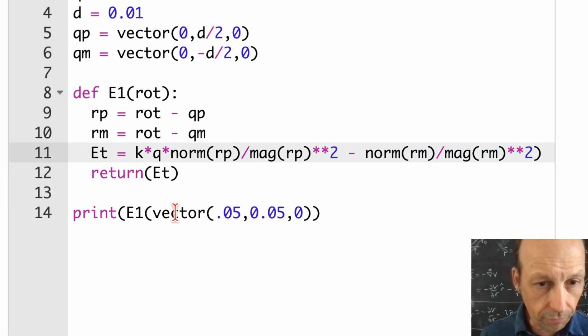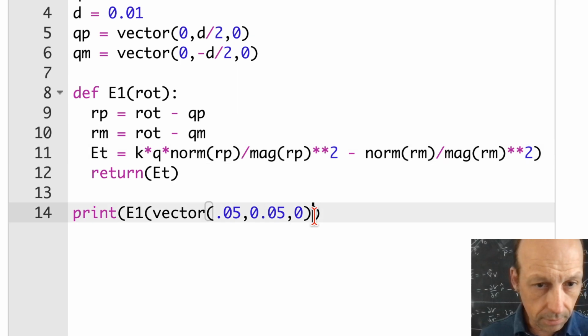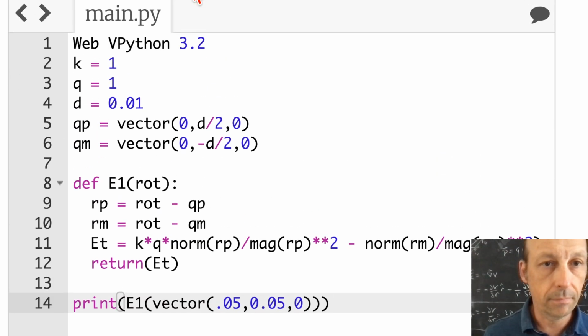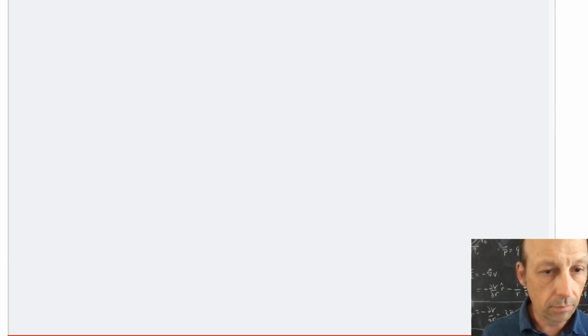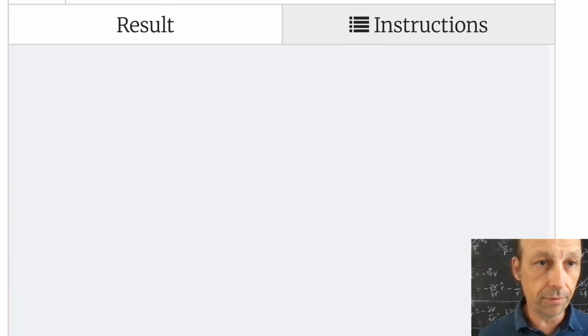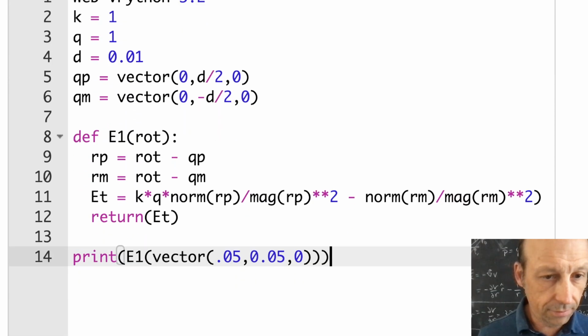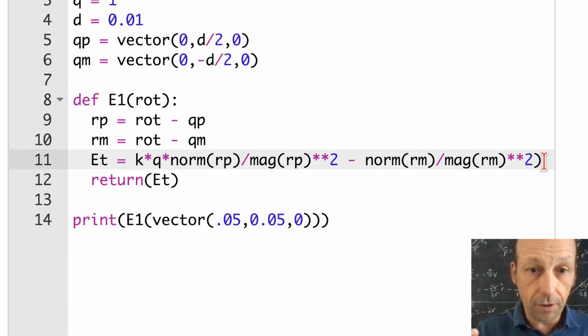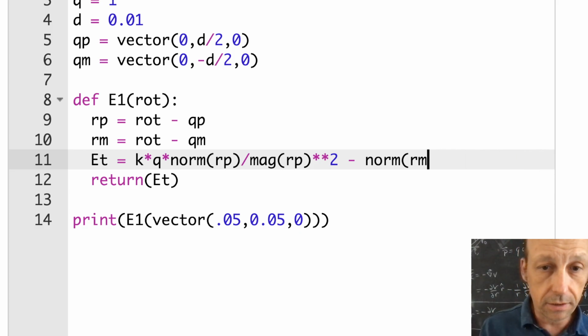Okay, so E1 of the vector, and then I have to have a print. That was dumb. No? Too many right parentheses in line 11. This is silly. I can't possibly be missing it, and you probably see it. Okay, let's just go back to my original plan. Oh, that one I did.